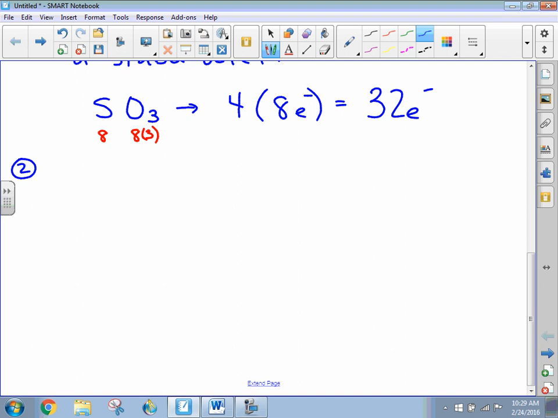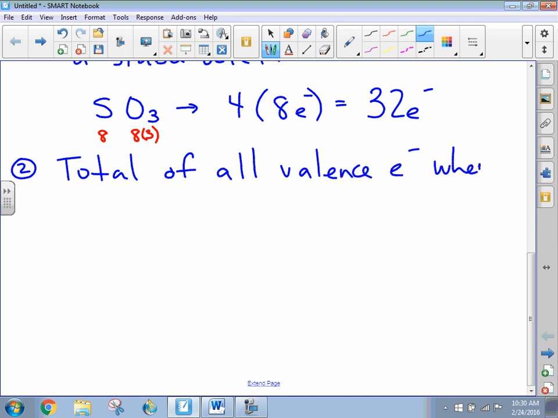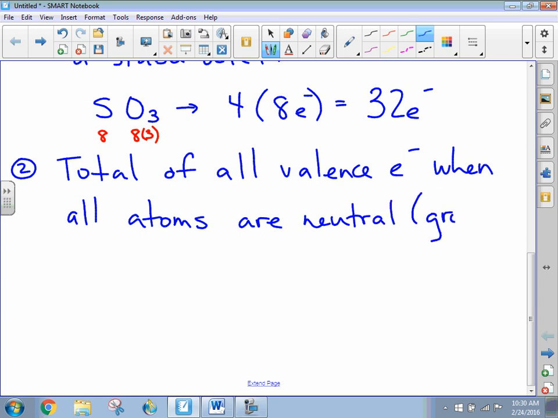is to consider the total number of valence electrons in your neutral atoms, just as they appear on the periodic table. So that's their group number on the periodic table.